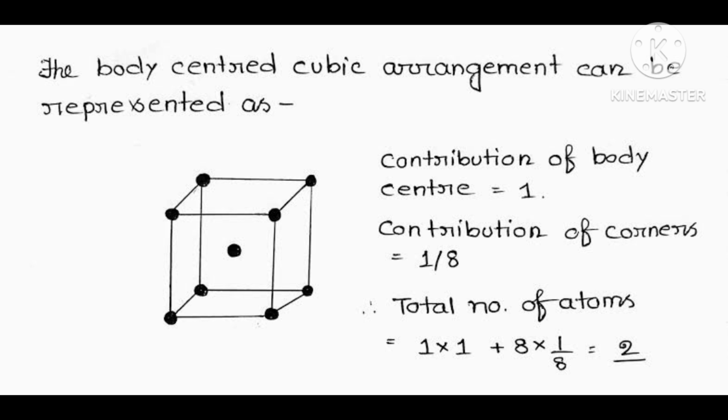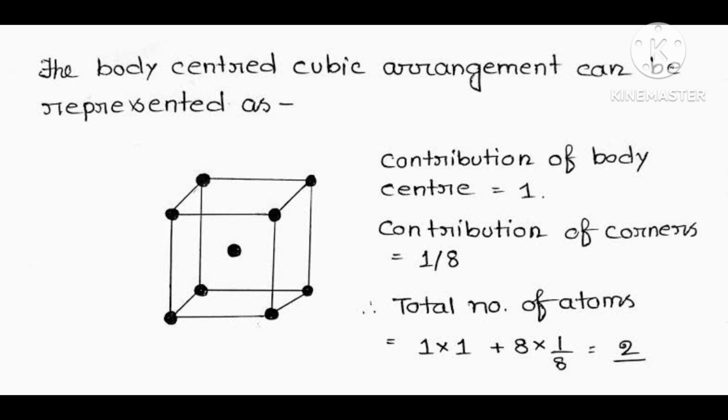One atom is shared by 8, but one cube has 1/8. Then 8 cubic cells, how much? 8 into 1/8. One cubic cell has 1/8, so 8 cubic cells are 8 into 1/8, which is equal to 1 atom.